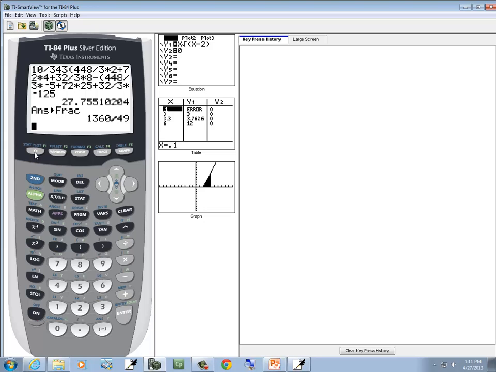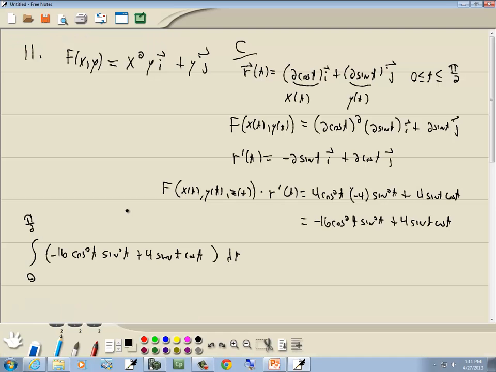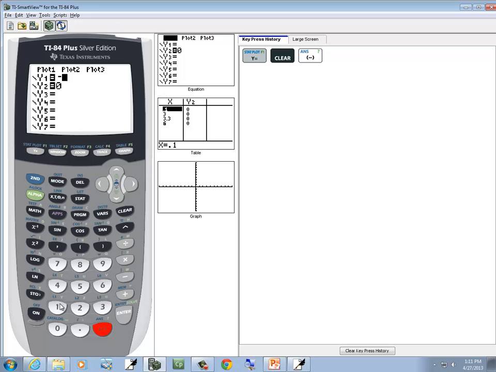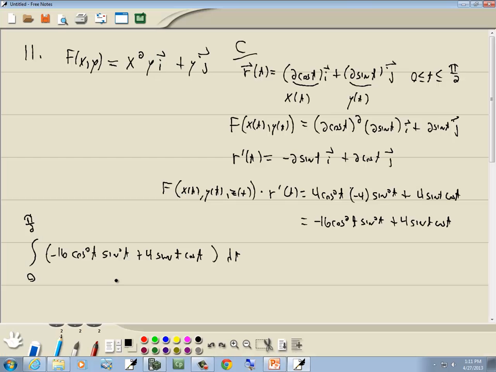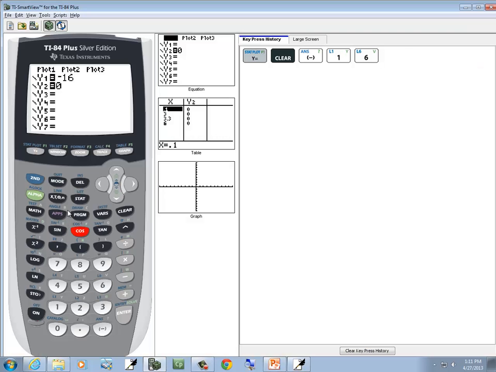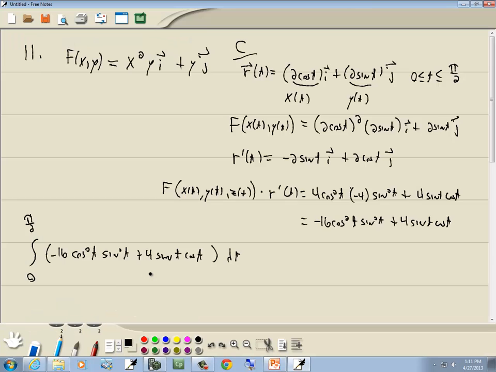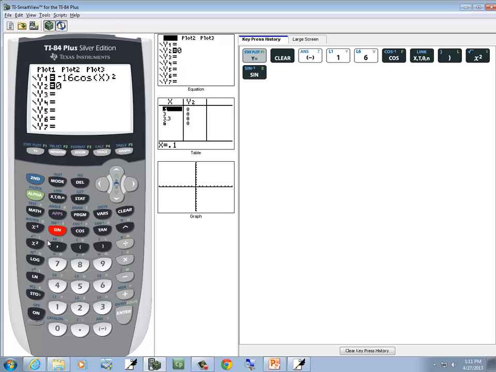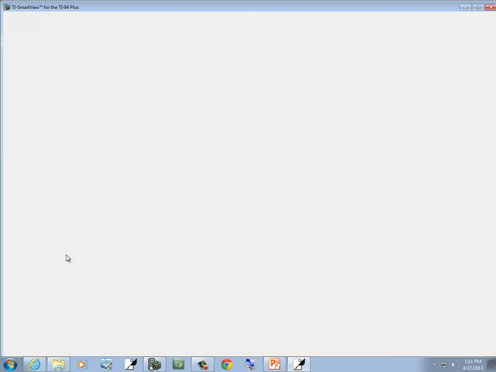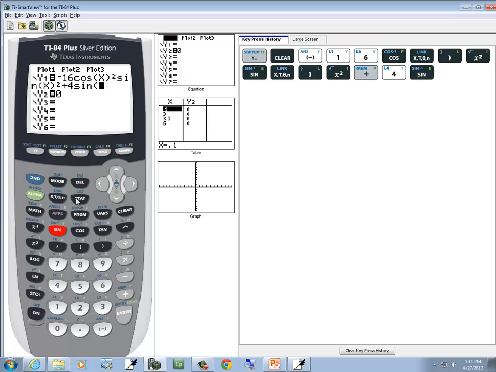Okay, so I'm going to go to y equals, clear, and I got negative 16 cosine t squared sine t squared plus 4 sine t cosine t.